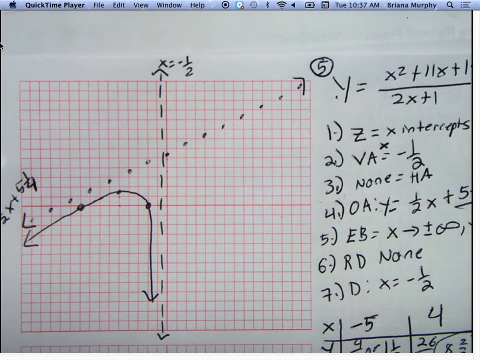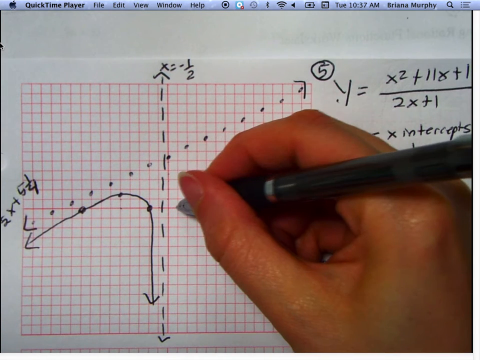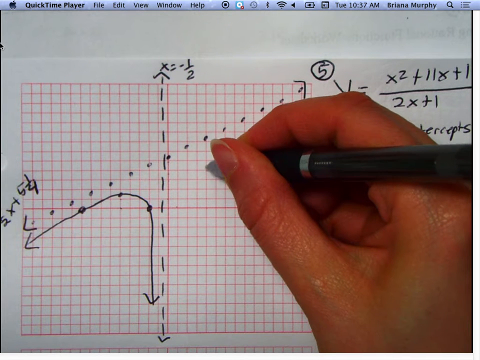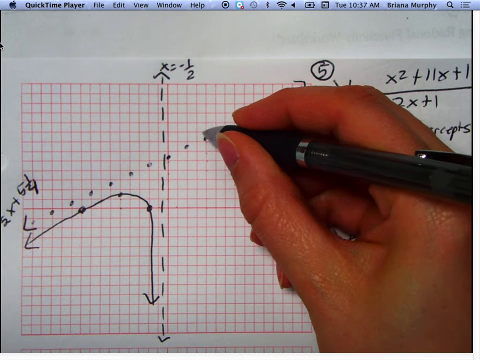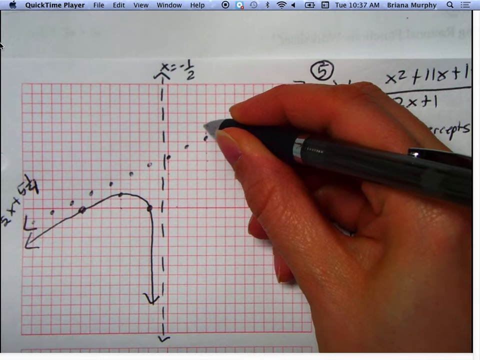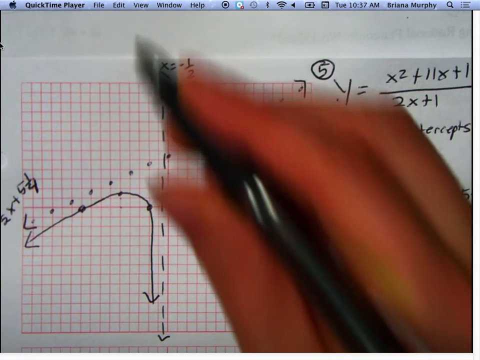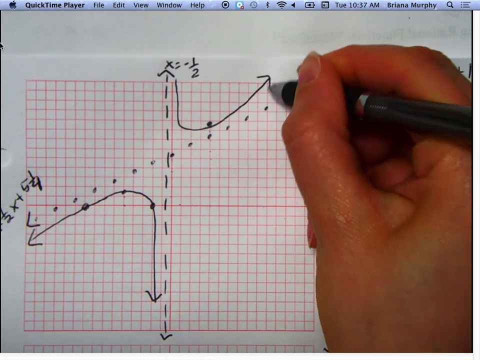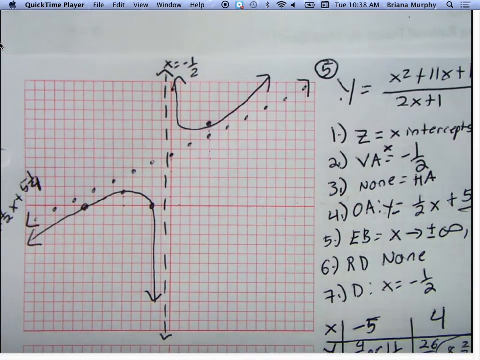Okay, so at 4, 1, 2, 3, 4, I go up 1, 2, 3, 4, 5, 6, 7, 8 2/3. So I know it goes like this. Remember, exactness is not important.